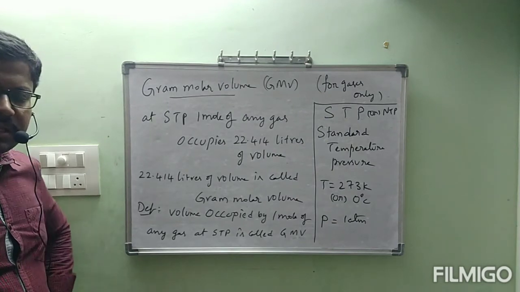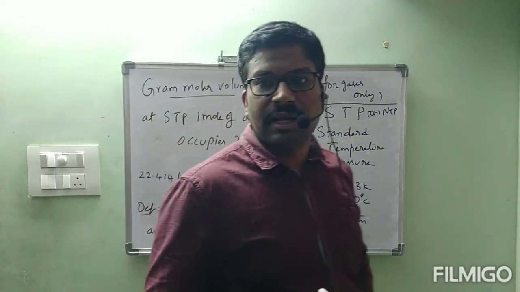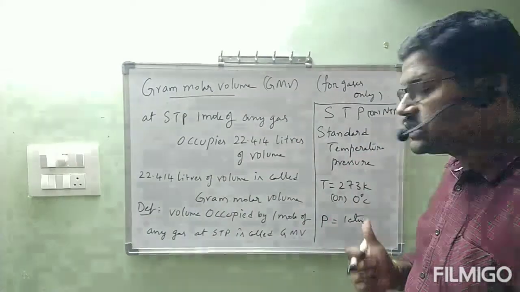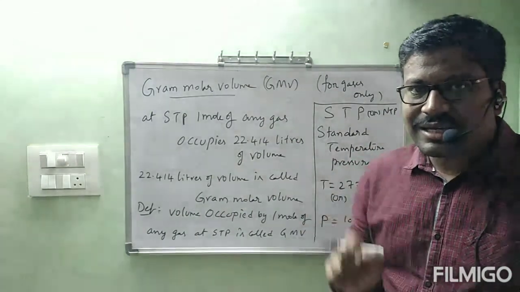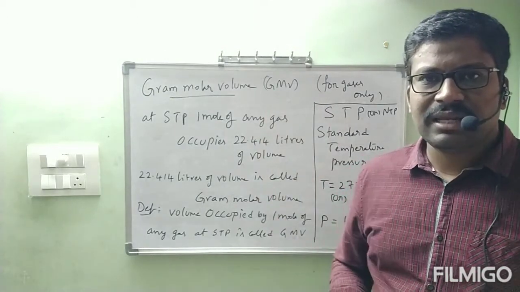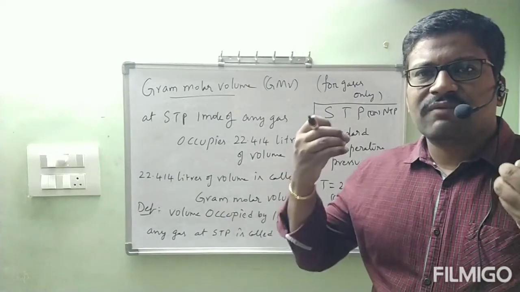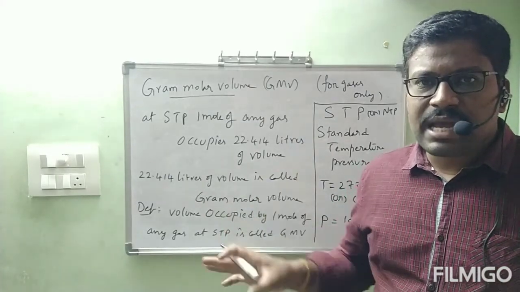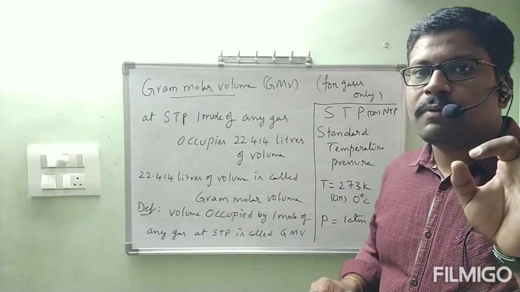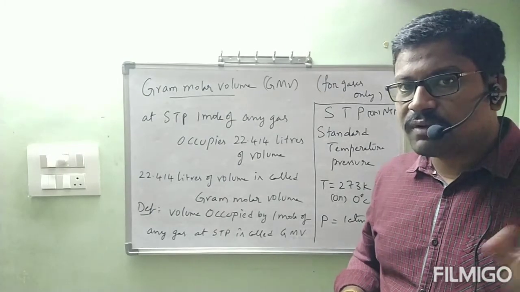At STP means definitely we have to mention that condition. STP conditions: temperature 0 degrees centigrade or 273 Kelvin, and pressure 1 atmosphere. At these conditions, any gas, whatever it is, CO2, NH3, HCl, SO2, SO3, any sort of gas, if you take 1 mole of gas, it occupies 22.414 liters.